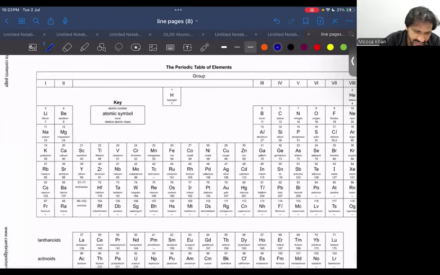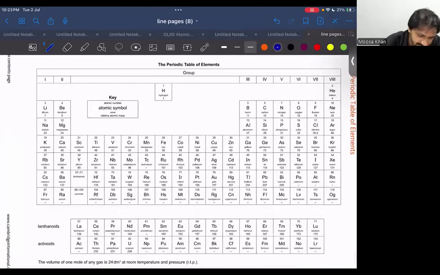Here, a hydrogen atom has only 1 electron. How can I say that? Because its atomic number is 1. Atomic number actually tells you the number of electrons. So the electronic configuration of hydrogen would be only 1. It means hydrogen has 1 shell and that shell contains 1 electron.